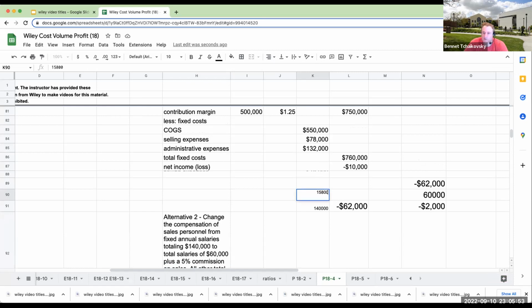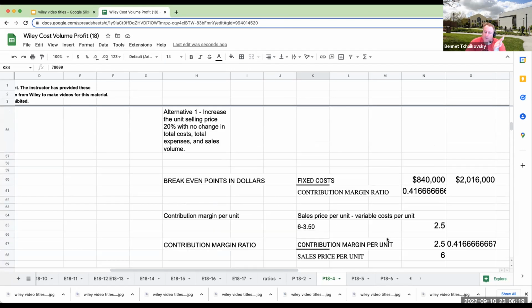This is 158,000. It's now 140, or it used to be one. So 18 is non-sales salaries. The 60,000 here is the new salaries. So basically my total fixed cost over here is going to be 78,000.